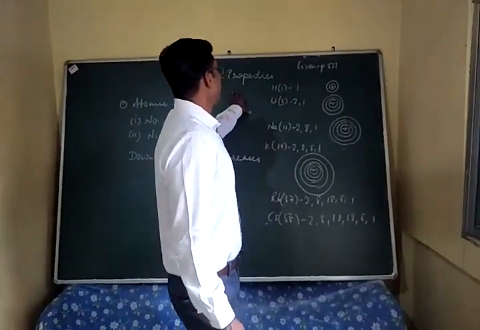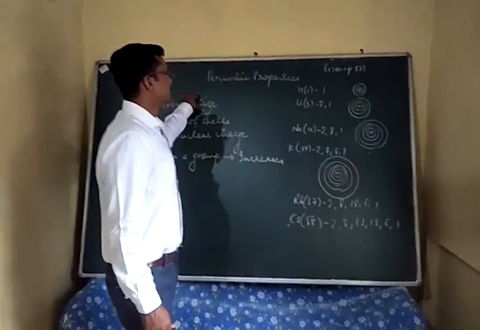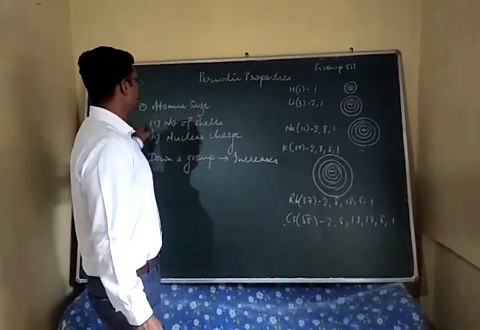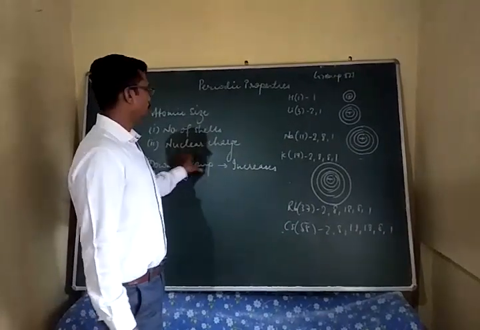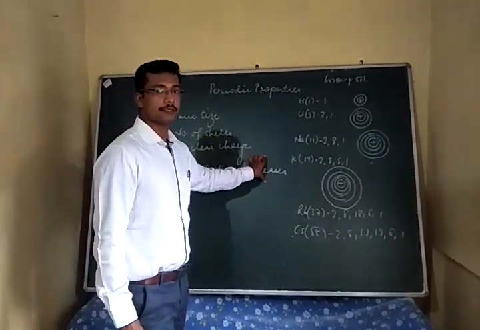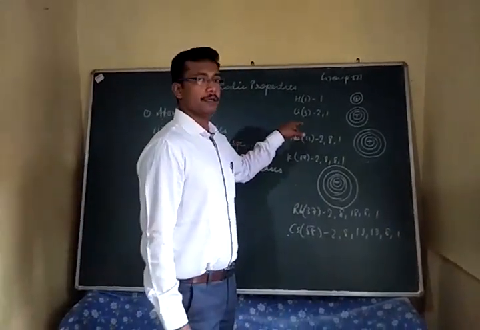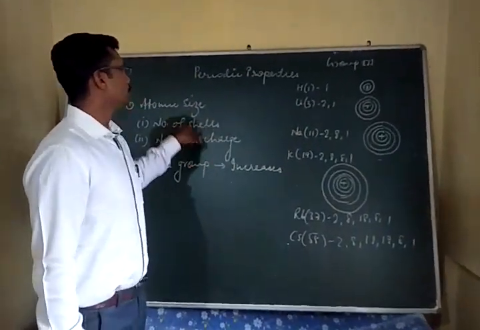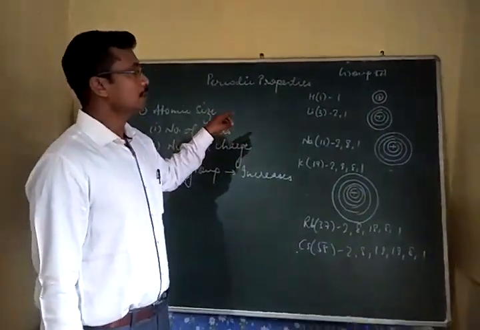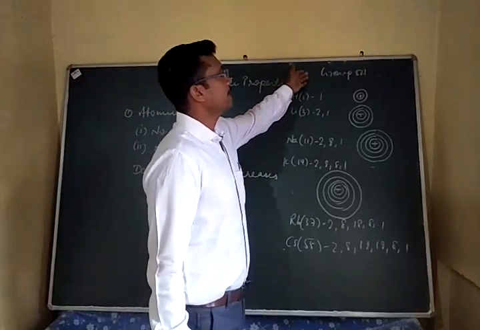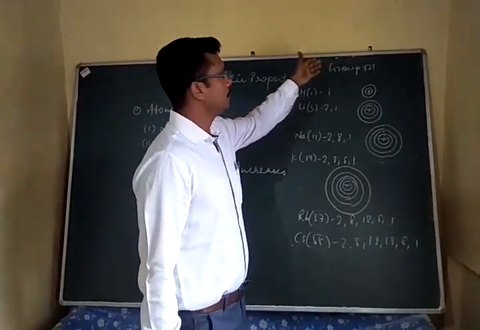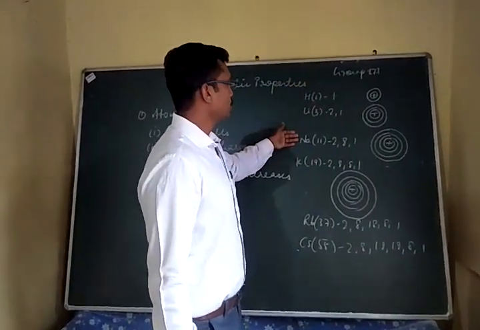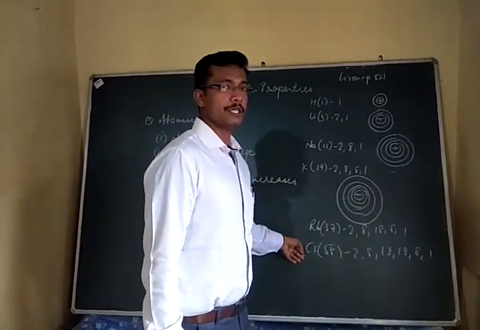So let us now see how the atomic size will vary on moving down the group. You know, on moving down the group it increases. Now we will see how these two factors are going to affect the atomic size. For this I have taken an example of group 1A, that is hydrogen, lithium, sodium, potassium, rubidium and cesium.